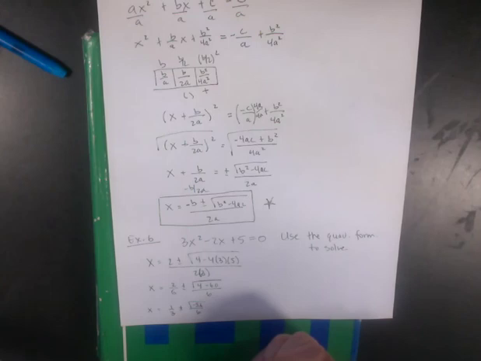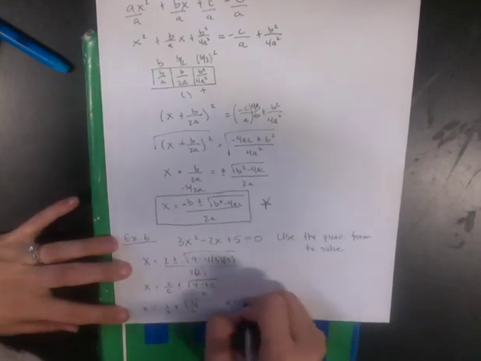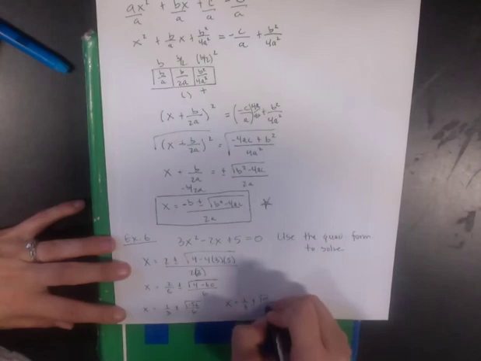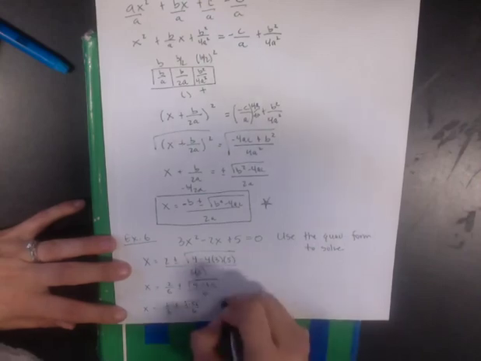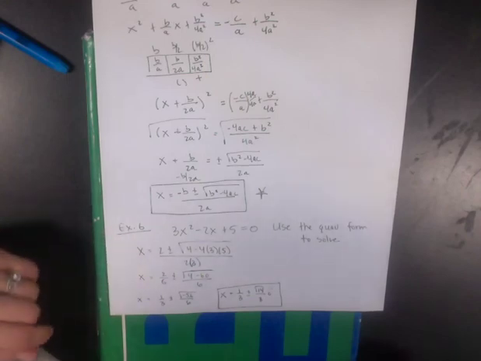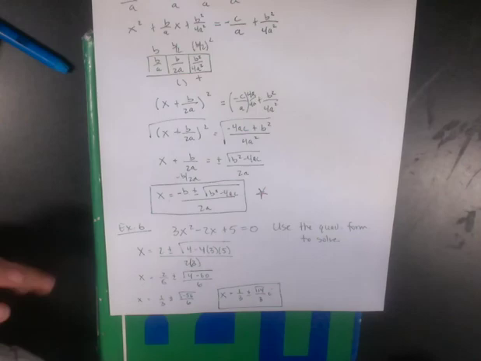Now I know that I can simplify 56 divided by 4. So I'll have x is 1/3 plus or minus the square root of 14 over 3i. Okay? Yes?